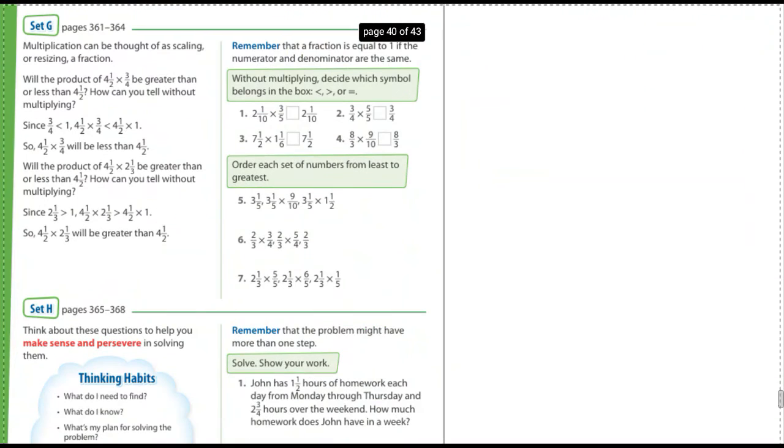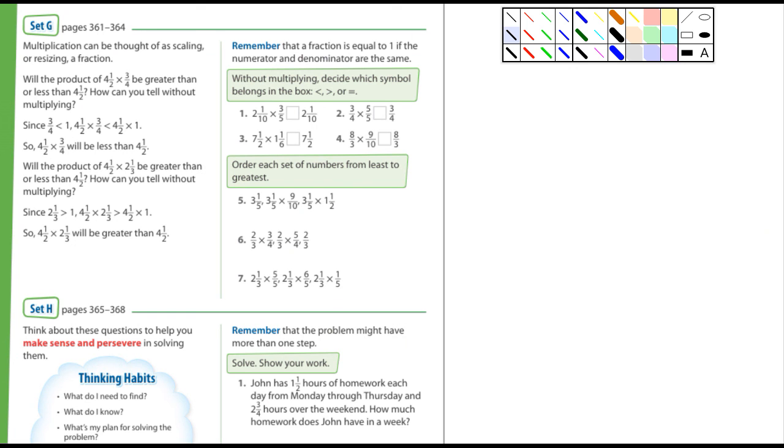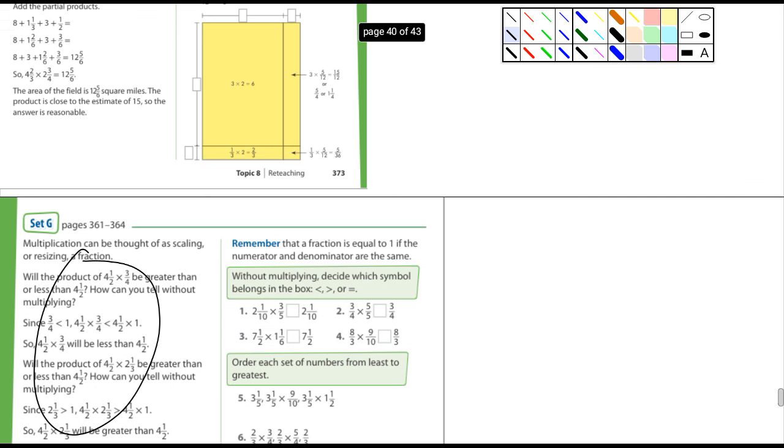And let's see, last page here, set G. Without multiplying, decide if the symbol belongs in the, what symbol, less than, greater than, or equal to. And I've explained that before, and they give you some examples here. And as always, they tell you what pages you can refer back to if you need to do that. Okay.